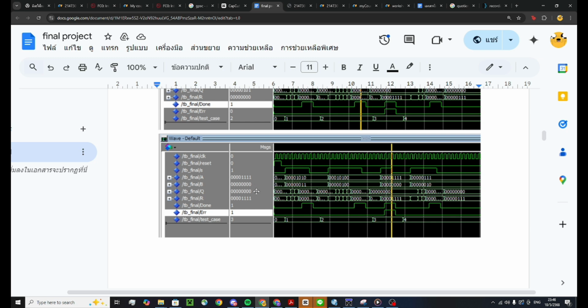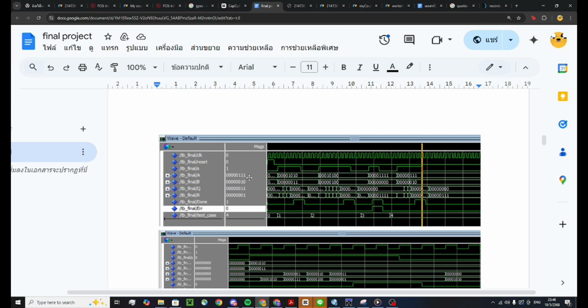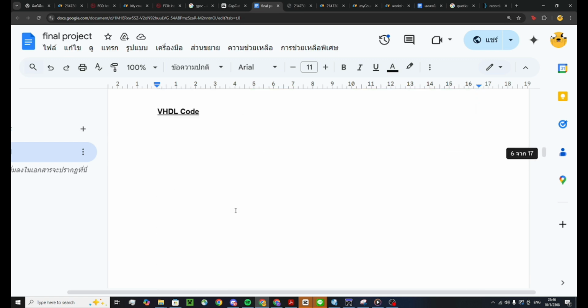As you can see, there's an error here because it tests division by 0, where it should raise the error. Our fourth case here is 7 divided by 2, which equals 3 with a remainder of 1. This is a test for division with a remainder.